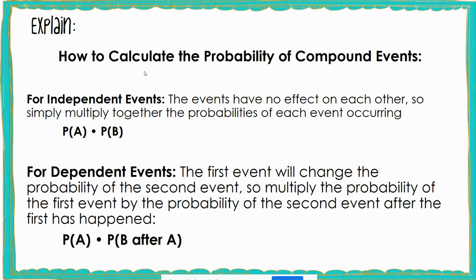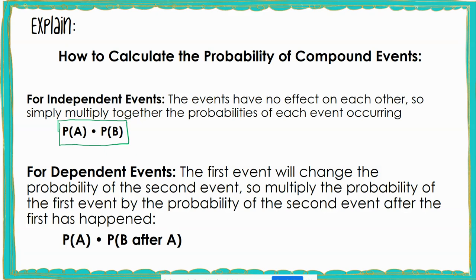Whenever we are calculating compound probability, all that we are doing is taking the probability of the first event and the probability of the second event and multiplying them together. Well, this is very simple for independent events because independent events are two events that have no effect on each other. So to find these, we would multiply the probability of A times the probability of B. It's a little bit more complicated for dependent events.